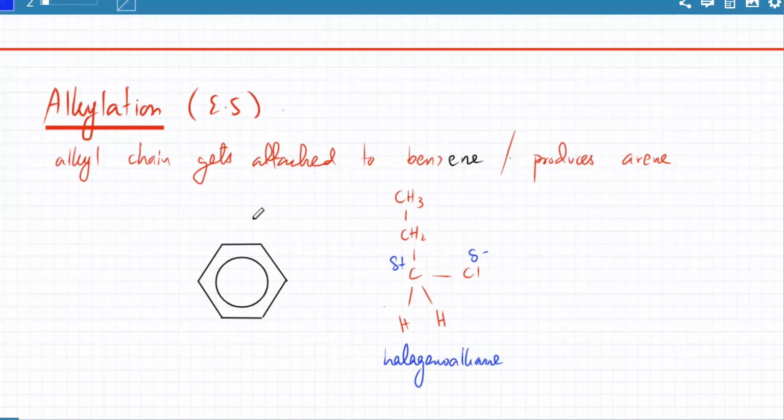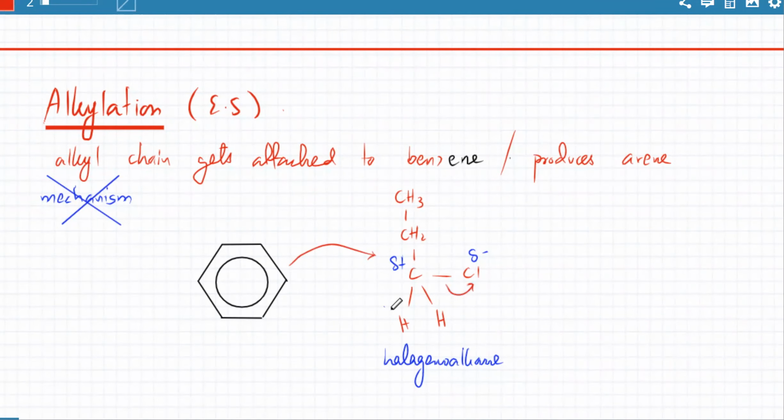The halogenoalkane is going to act as an electrophile because carbon has a positive charge. No need for the mechanism, TK, just ignore the mechanism. The mechanism in this case is not required, but I'll explain this very quickly. The electron cloud in benzene is going to get attracted to the positive carbon atom, and the Cl electrons are going to get repelled.